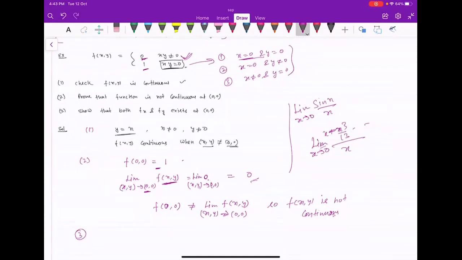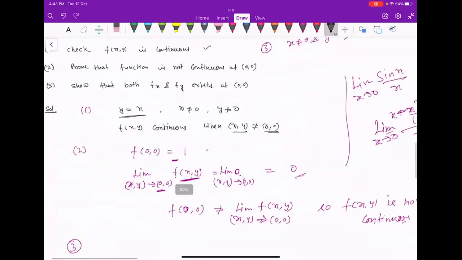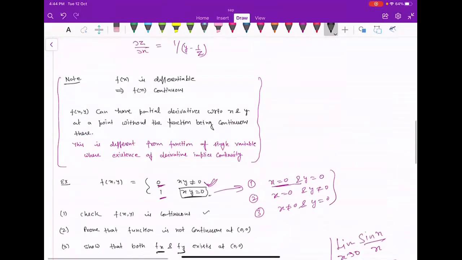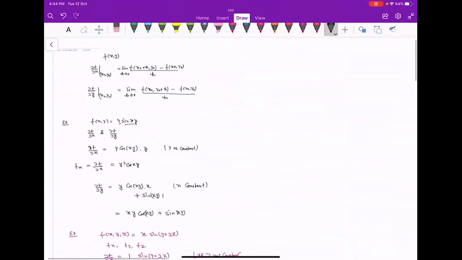So now the third point is what? We have to find out whether the partial derivatives f_x and f_y exist at (0,0). Whenever we have to show existence of the partial derivative, we use the definition of the partial derivative.